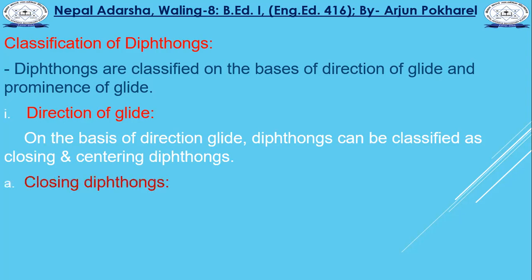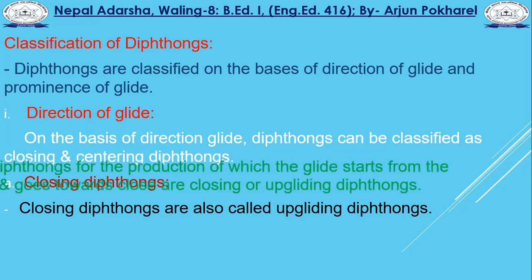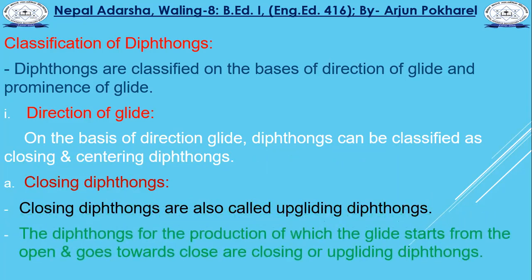Closing diphthongs, which are also known as upgliding diphthongs, are the diphthongs for the production of which the glide starts from the open and goes towards the close. Or you can say the glide starts from elsewhere and goes towards the close vowel.